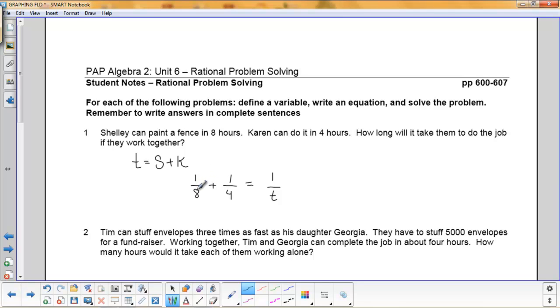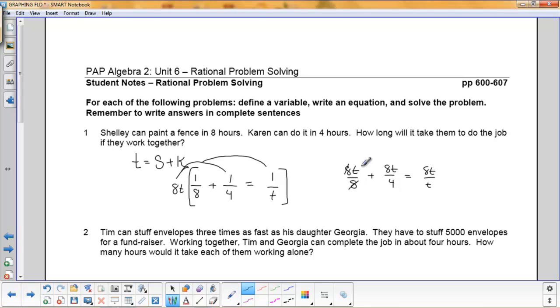Just like we did before, we're going to look for our least common multiple, or our least common denominator here, and that's going to be 8t. We're going to multiply that throughout the entire equation, and that gives us 8t over 8 plus 8t over 4 equals 8t over t.